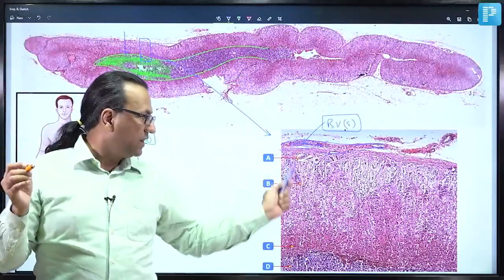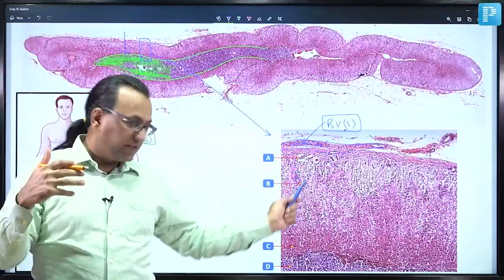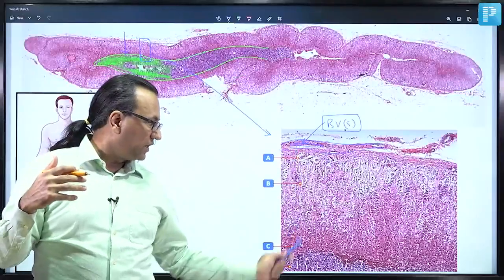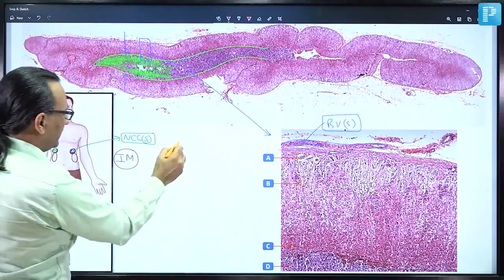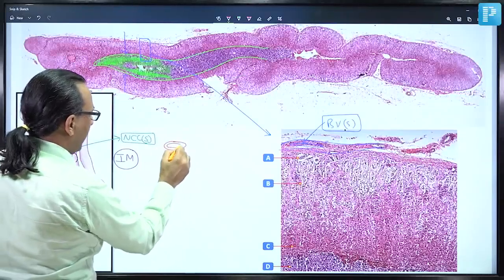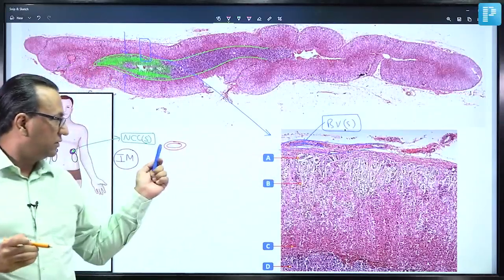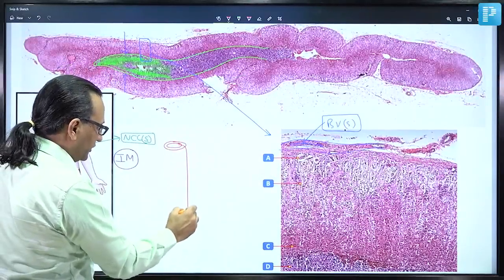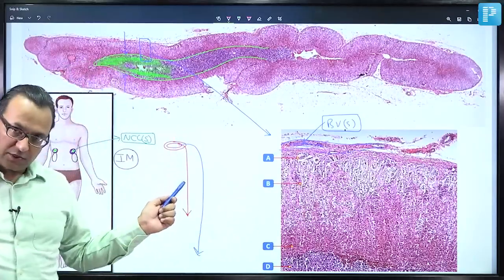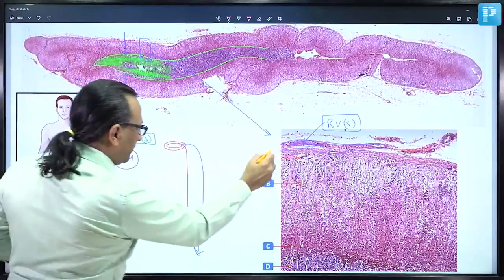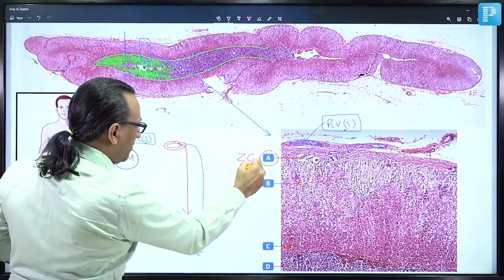And by looking at their anatomical orientation, we can differentiate the three zones of adrenal cortex. Let me show here. Say this is the adrenal artery in the capsule, sending branches into the cortex and then branches into the medulla.